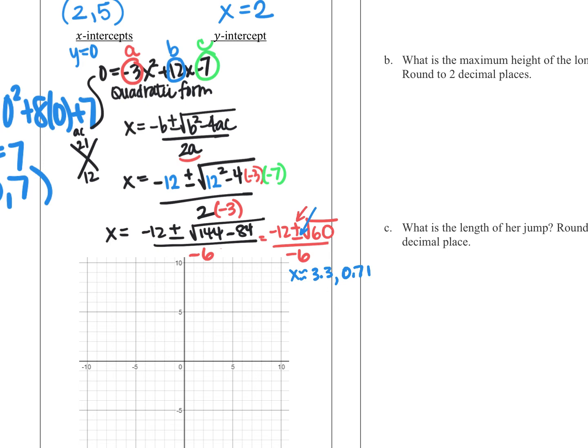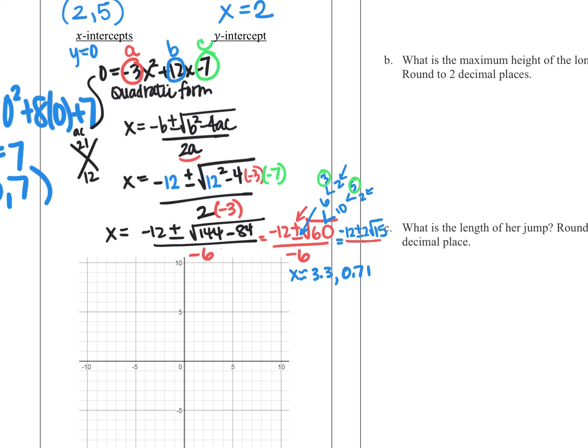Again, we could have simplified before doing that. It's fine though, but to see the simplifying, 60 is really like 6 and 10, and 6 is 3 and 2, and 10 is 5 and 2. So because I have a pair of 2's, it gets to come out of the square root. So I'll have -12 plus or minus 2, and then 15 would be what was left over out of all those factors.